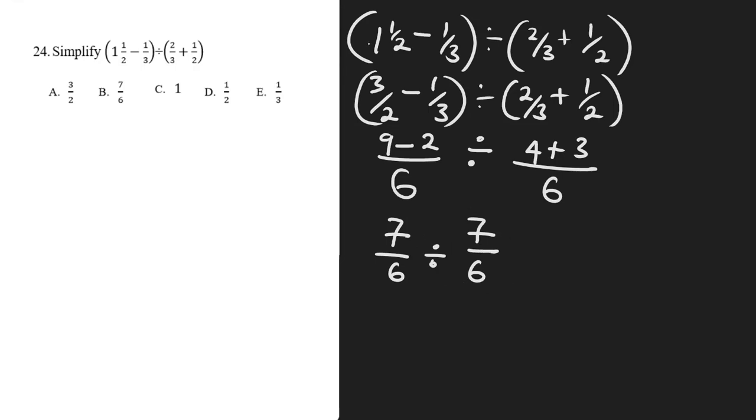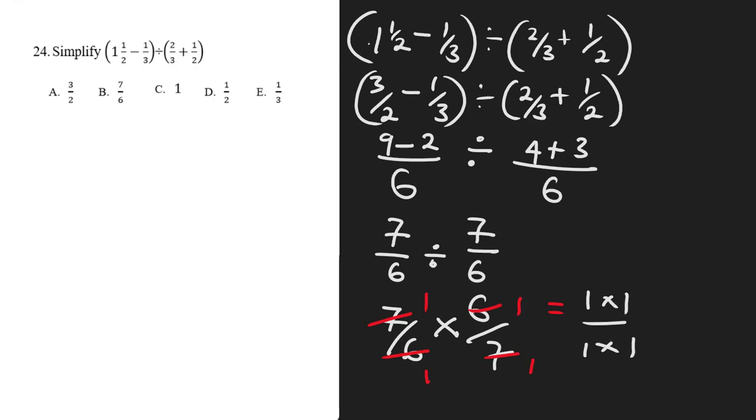So we're going to have 7 over 6 times 6 over 7. Can you see? So 7 here is 1, 7 here is 1. 6 here is 1, 6 here is 1. So the answer is 1 times 1 over 1 times 1, which is equal to 1. So the answer is 1. So our answer here is C. So let's move to the next question.